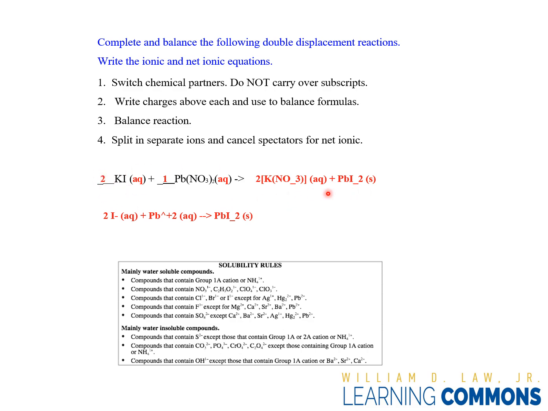When I add 2 to the iodide, the iodide is 2 here, but then the potassium is 2 on the other side, so I have to add the number 2 to the potassium to make it equal. Also the nitrate is 2 here, equal to here, which is good. The lead is 1 here and 1 there. I am done with the chemical balanced reaction.